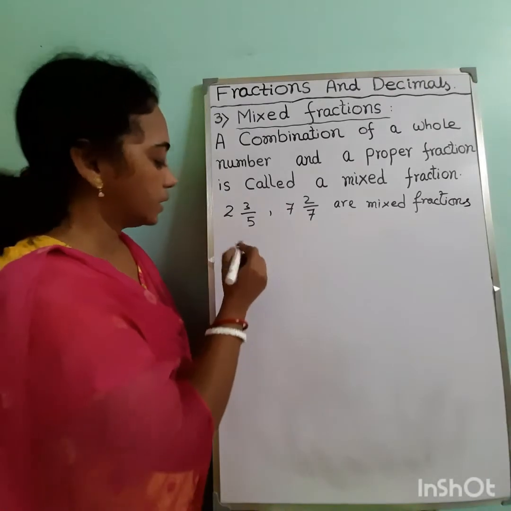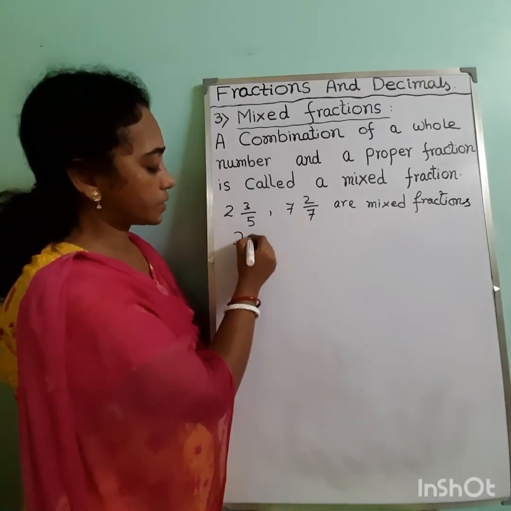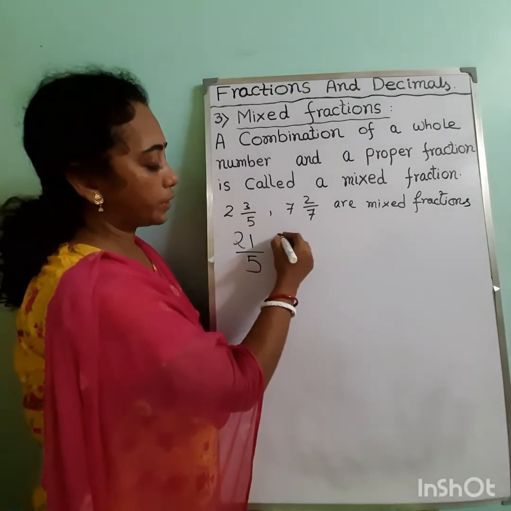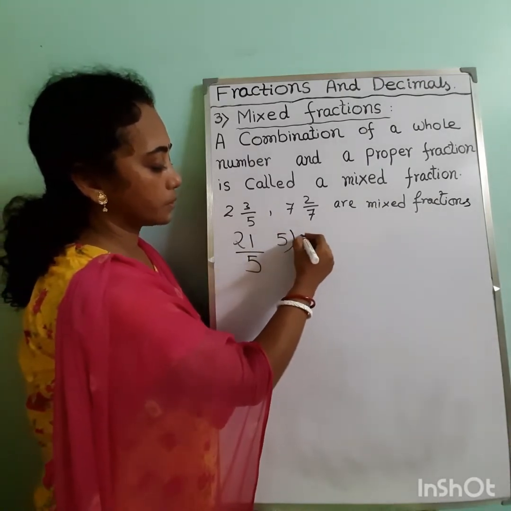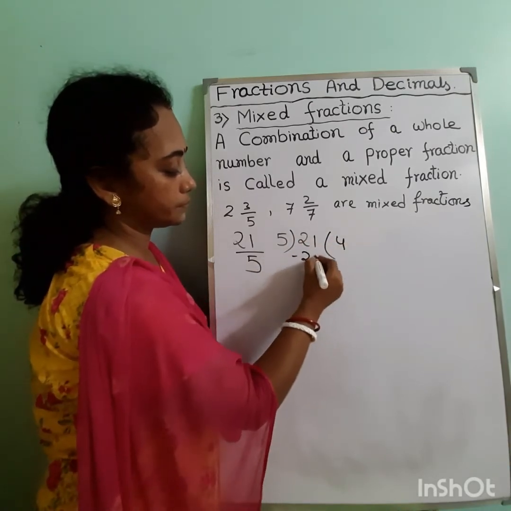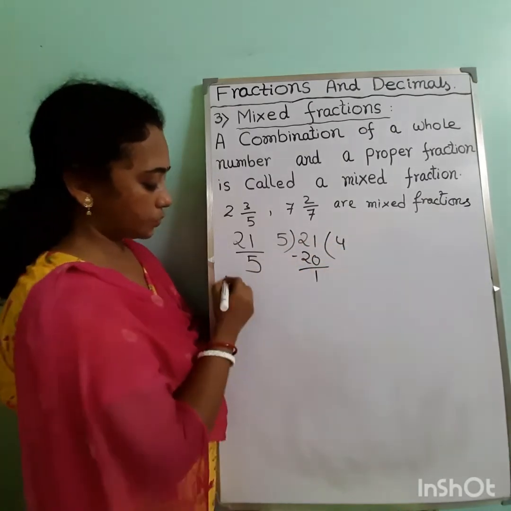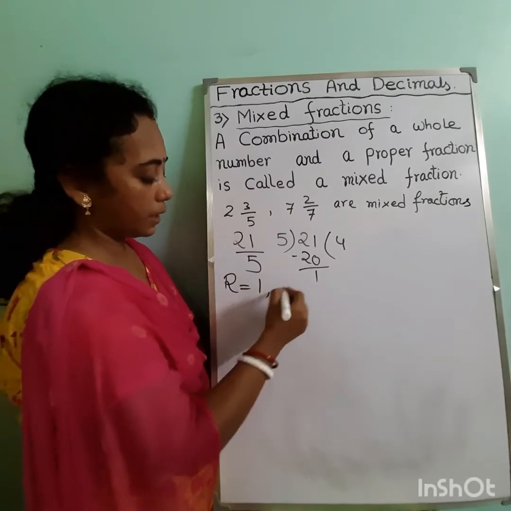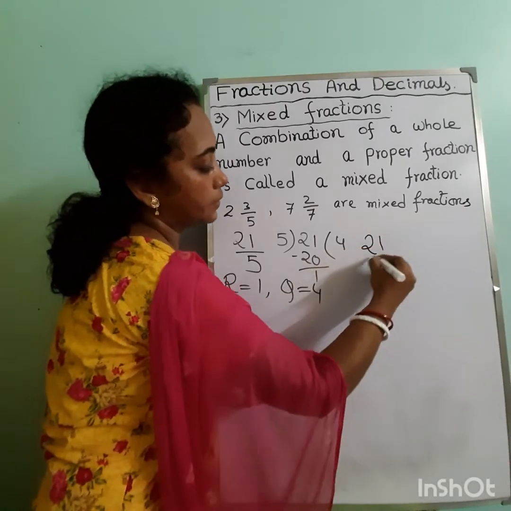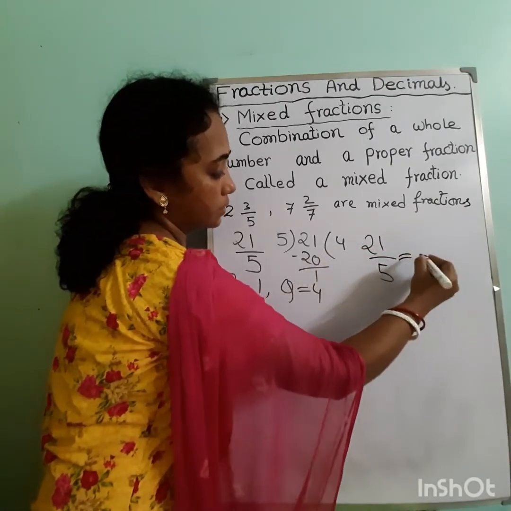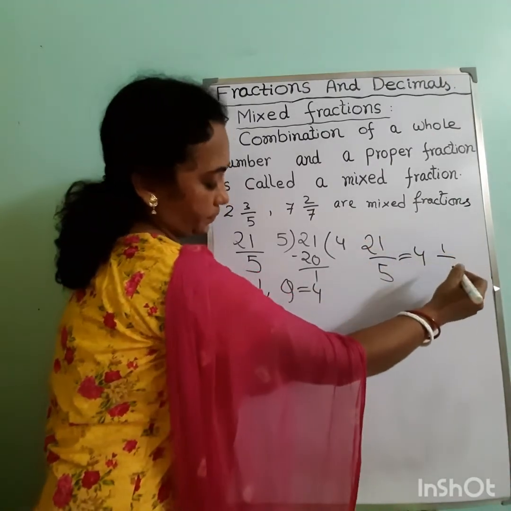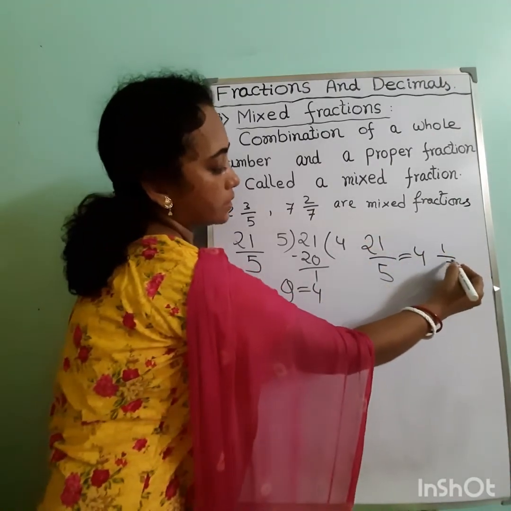For example, suppose I write an improper fraction 21/5. If we divide 21 by 5, we get 4 as the quotient and 1 as the remainder. So 21/5 can be expressed as quotient whole, then remainder by denominator, that is 5.